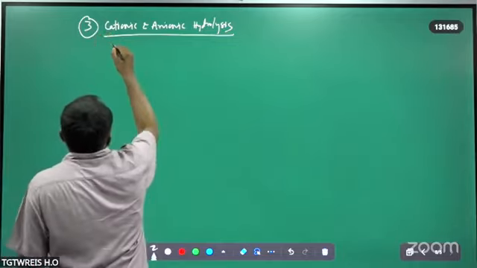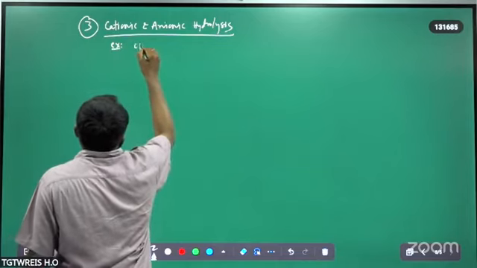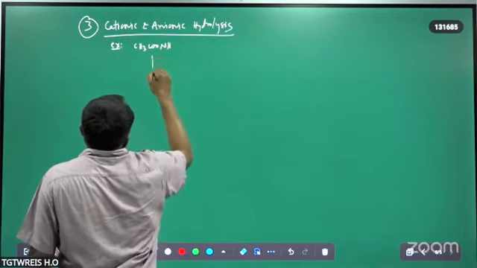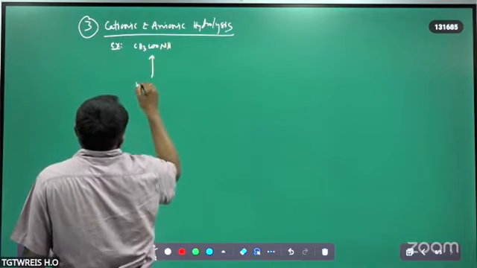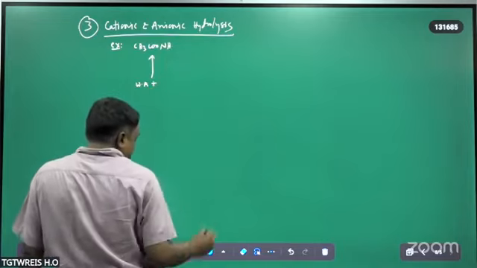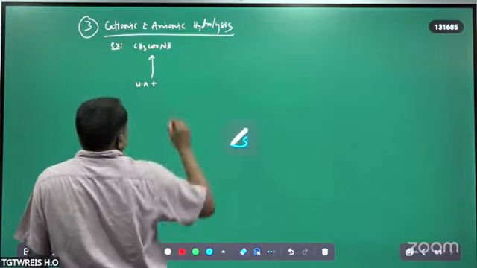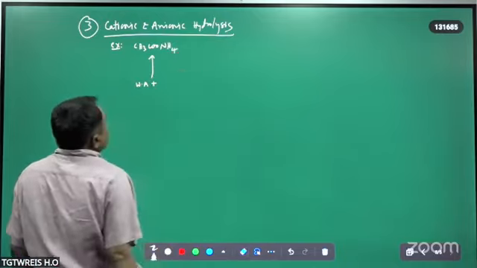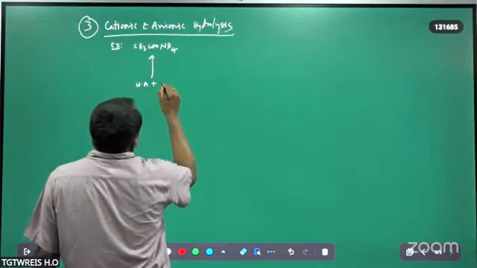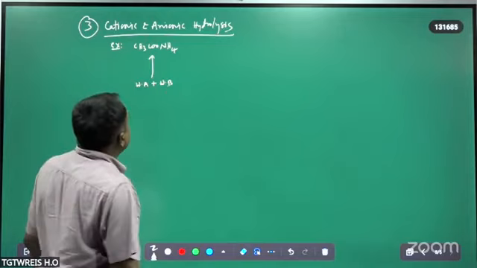So, for example, CH3COONH4, ammonium acetate, is a salt of weak acid and weak base. It is a mixture of weak acid and weak base.